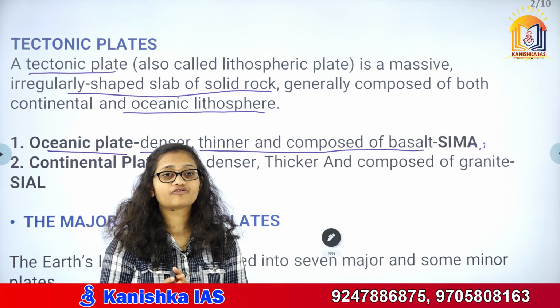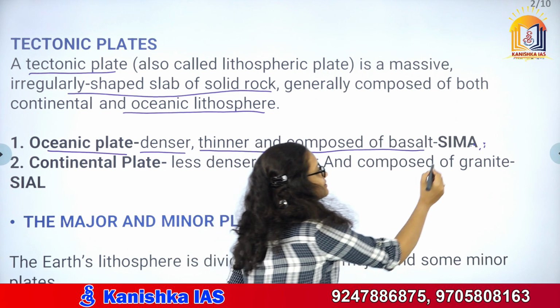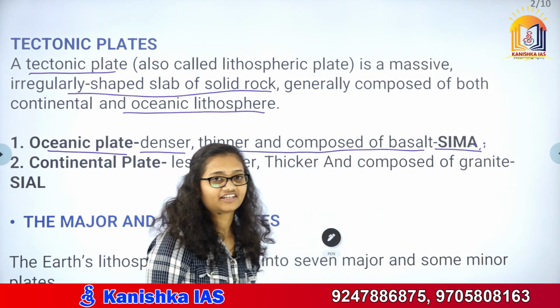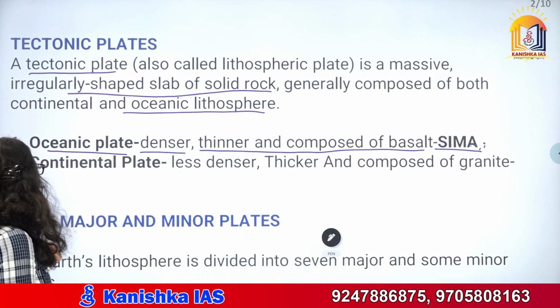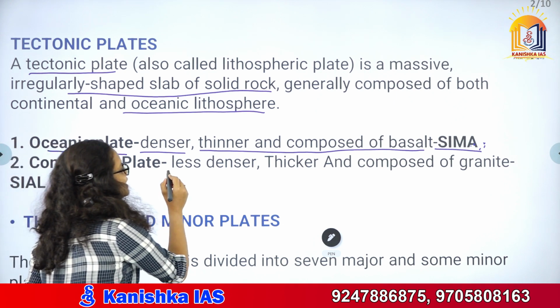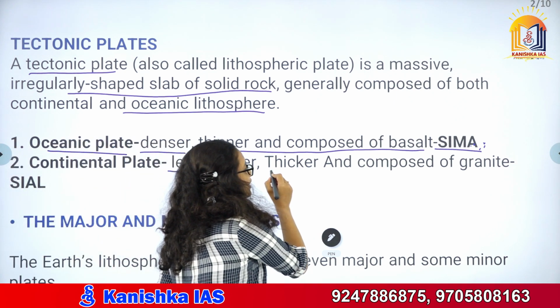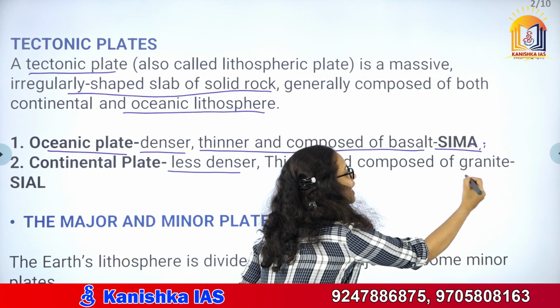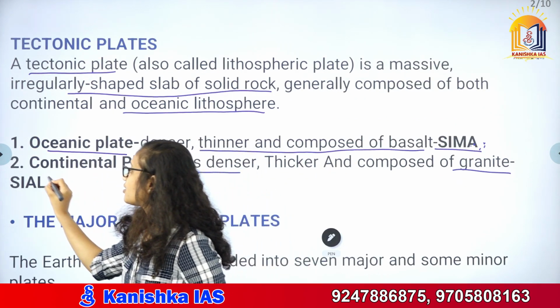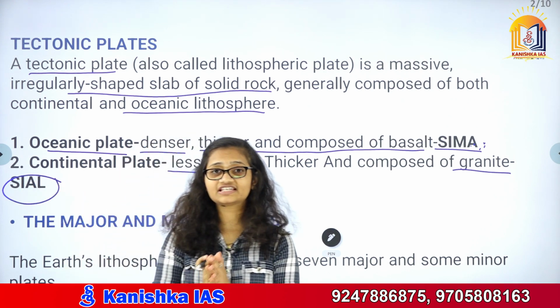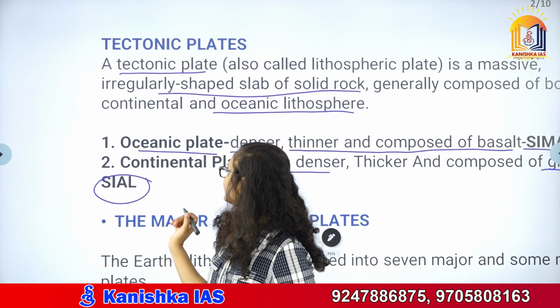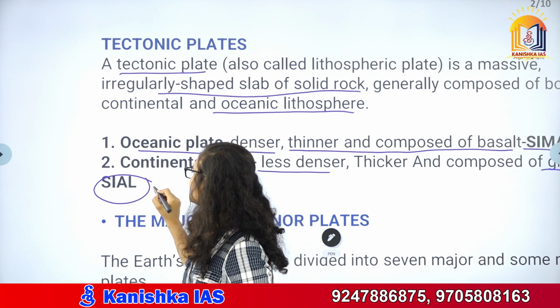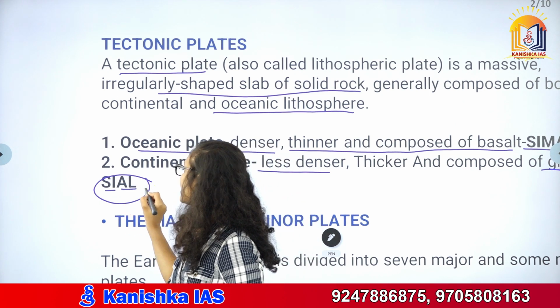It is made up of two components, that is silicon and magnesium. The continental plate is less dense, thicker and composed of granite. Its chemical composition is silicon and aluminium.